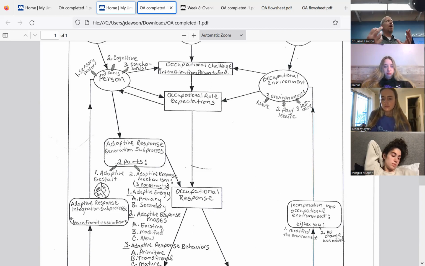So if I want to drink coffee, how much cognitive skills do I need for drinking coffee? Not very much. Enough to go through the motor planning, or enough for me to say, oh, this is hot.